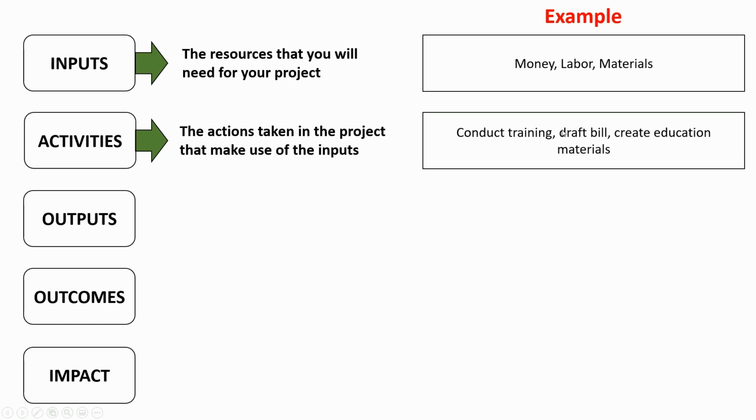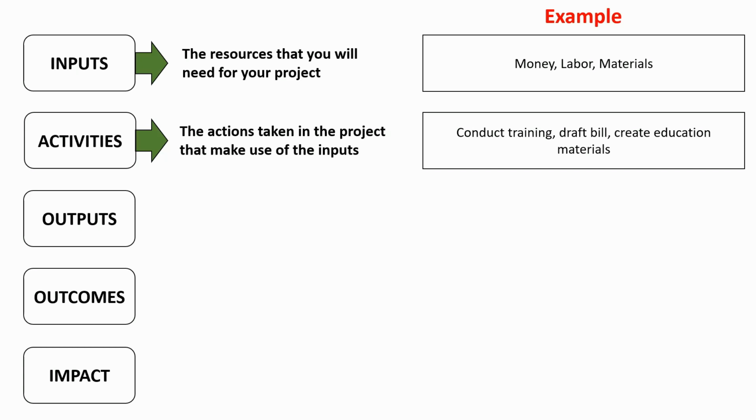I always will put draft bill or draft regulation or draft whatever. And the reason that I do that is because, remember, at the end of my project, I have to have done these activities. And I can guarantee, when I'm running a project, that I will draft a bill or I will draft regulations.